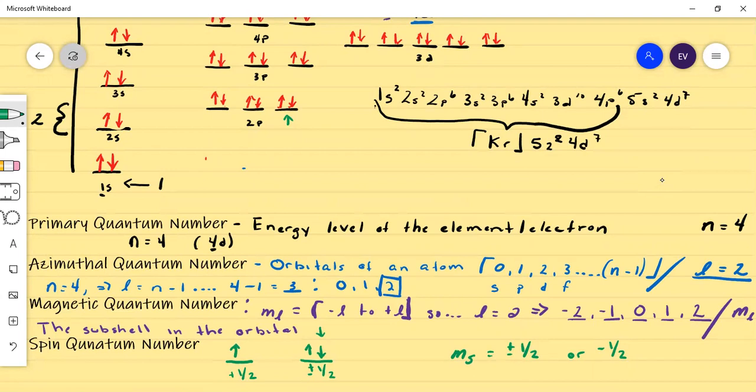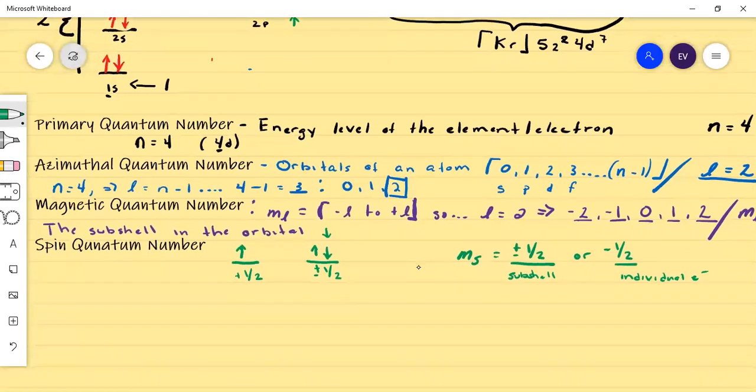So please understand both, okay? This represents the entire subshell, and this represents the individual electron. All right, they're both technically right. As far as the 1/2, it's always either going to be positive or negative 1/2. That's all you have to know for that particular quantum number.